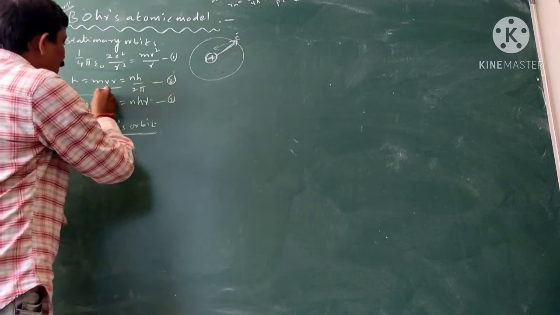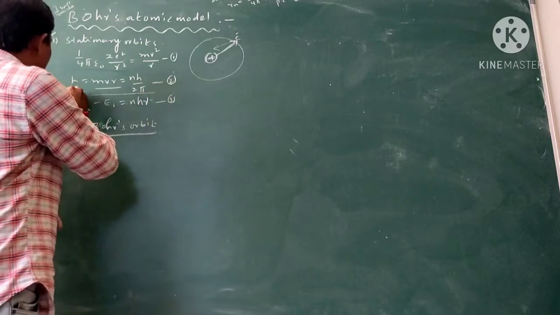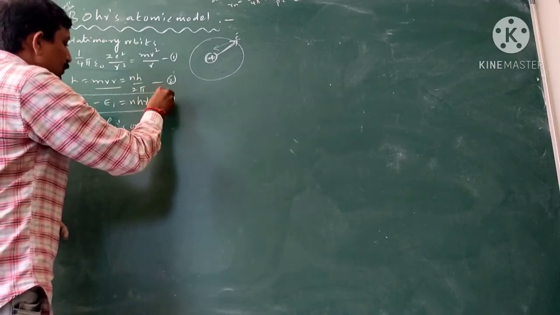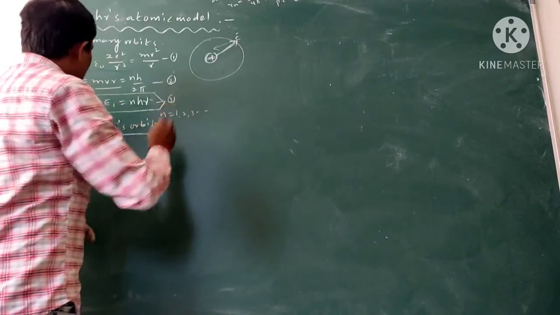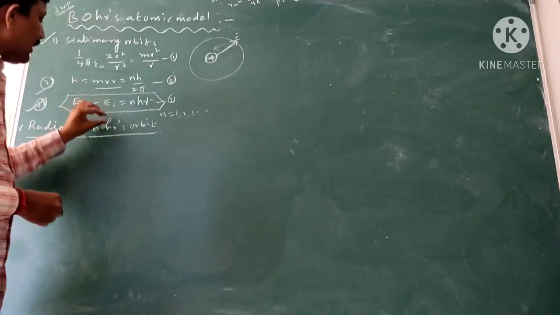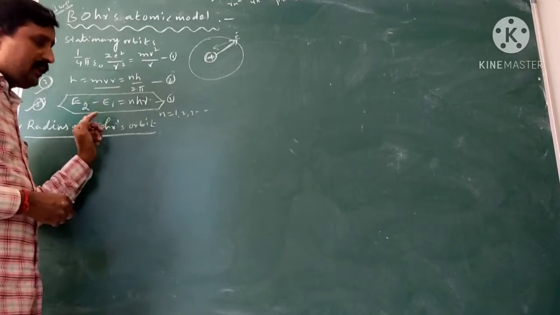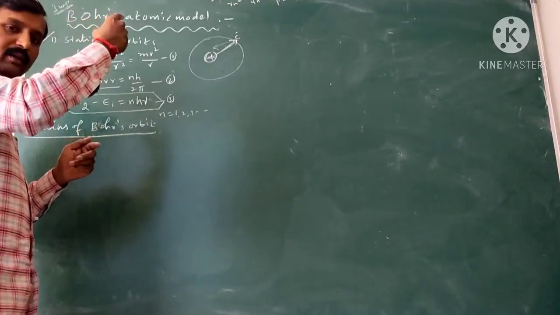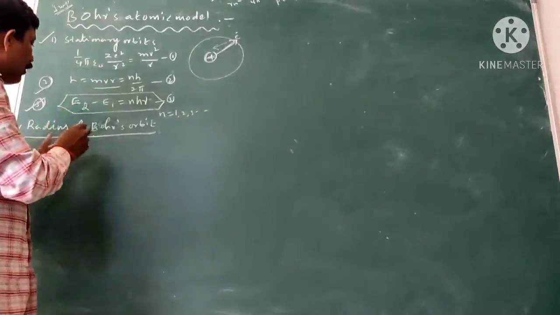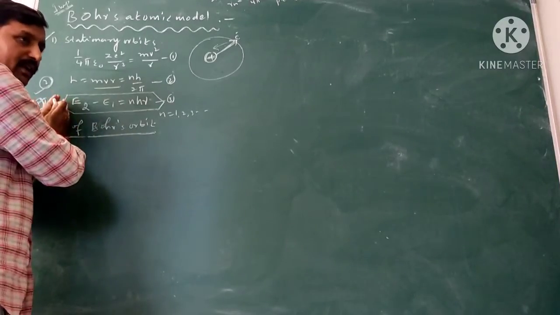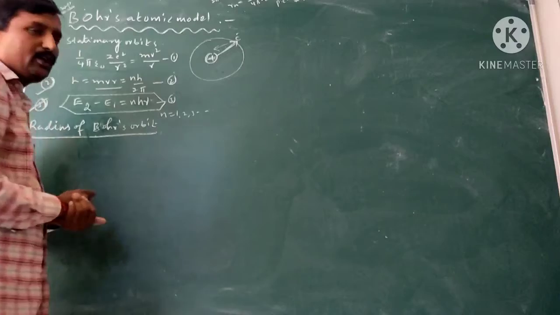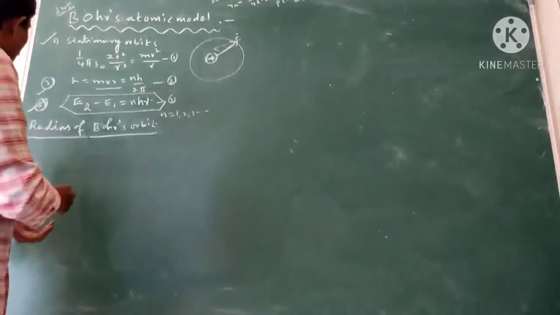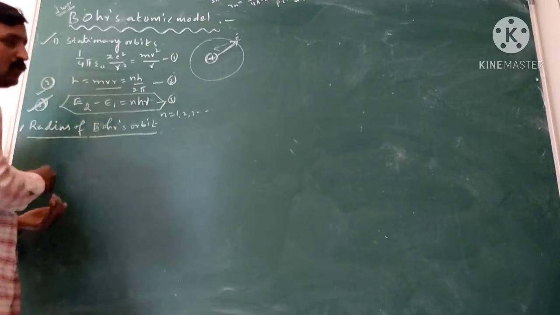So absorption or emission of energy should be equal to n h nu, where n is equal to 1, 2, 3, 4 like that. E1 is the lower energy level and E2 is the upper energy level. When the electron jumps from the E2 level to the E1 level, E2 minus E1 is equal to n into h nu. This is called the third postulate.